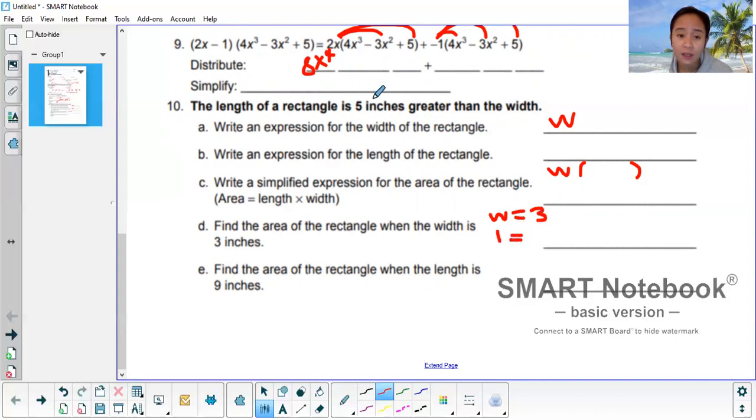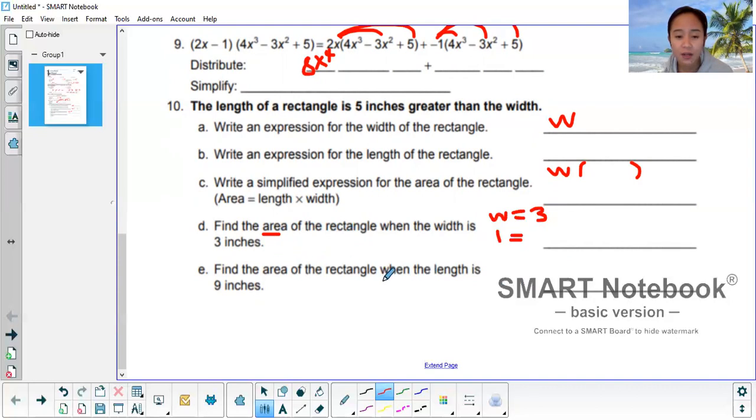If it says the length of a rectangle is 5 inches greater than the width, what's the number if it's 5 inches greater than this one? Okay, so that's the length. Now, when you find that, since you are being asked for the area, you just multiply those two numbers. And that's your area, because area for a rectangle is just length times width.